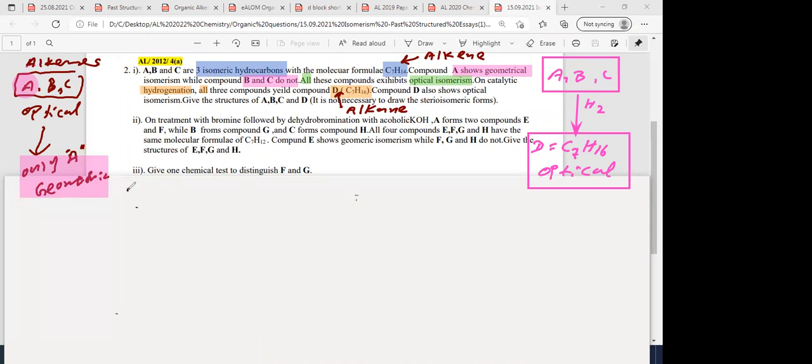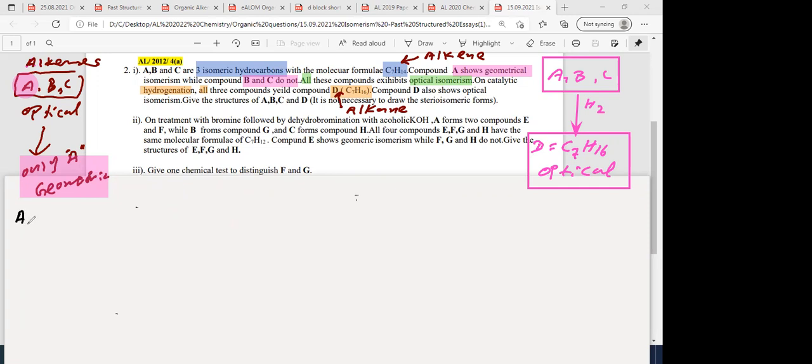Only A shows geometry. A, what is the condition? Alkene. It is geometric plus it is optical. To satisfy all three conditions, you have to draw the structure for A. Do you understand what I'm saying? I write this, but in the exam, no need to write that. You should have a logical argument here.